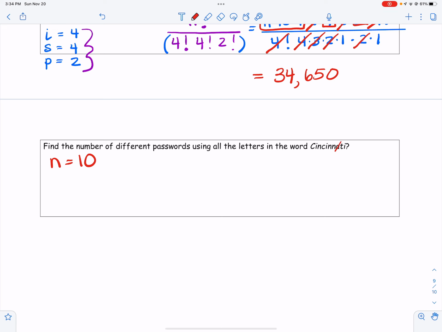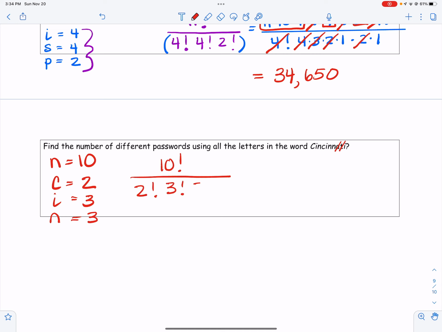So that takes out the A and the T. Okay. So I have 2 C's, 1, 2, 3 I's, and 1, 2, 3 N's. Okay, so what the formula looks like is 10 factorial over 2 factorial, 3 factorial, 3 factorial.